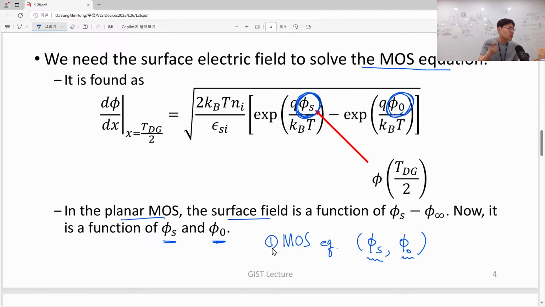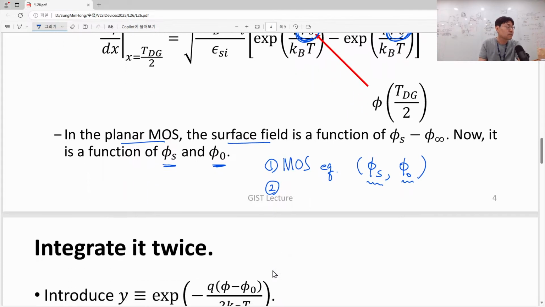So simply speaking, in order to solve this equation uniquely, we need a second equation. So how can we introduce this second equation? That is done in this slide.